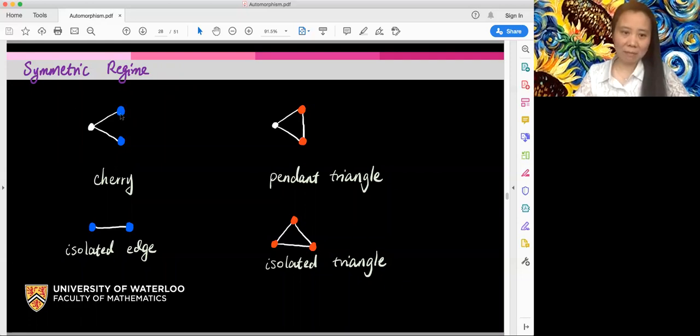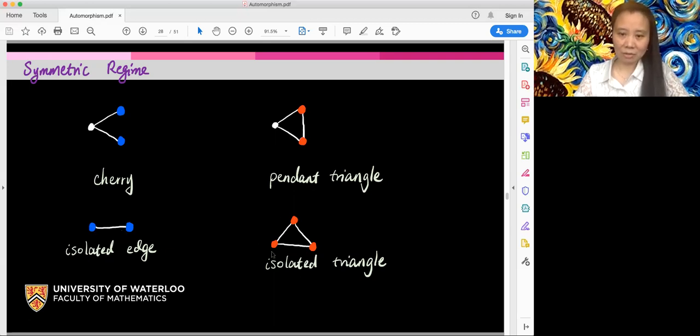So let me define cherries: two vertices with degree 1 that have a common neighbor. A pendant triangle is a triangle where two of the vertices are of degree 2. Then an isolated edge is an edge with both ends of degree 1. So when you have an isolated edge, the graph is disconnected.